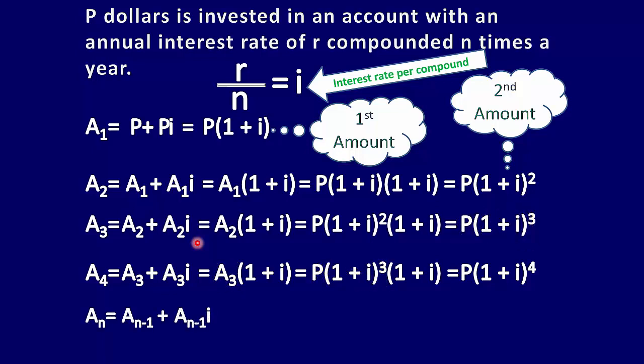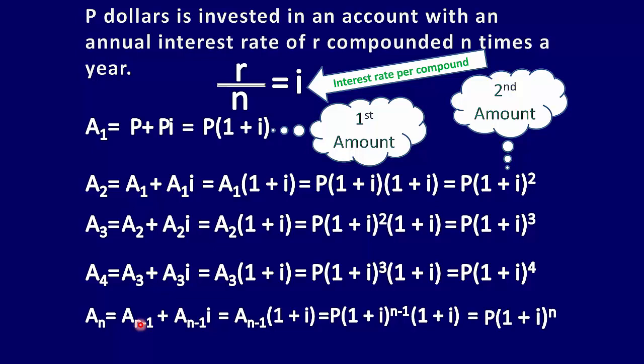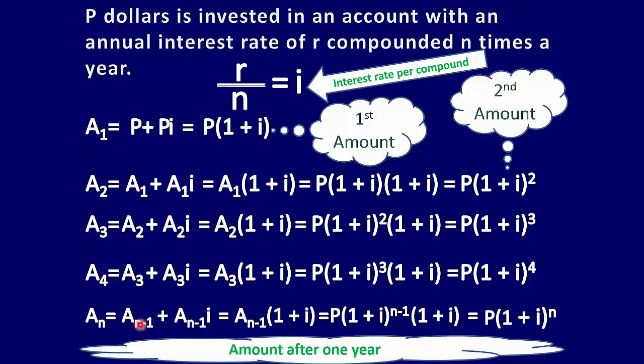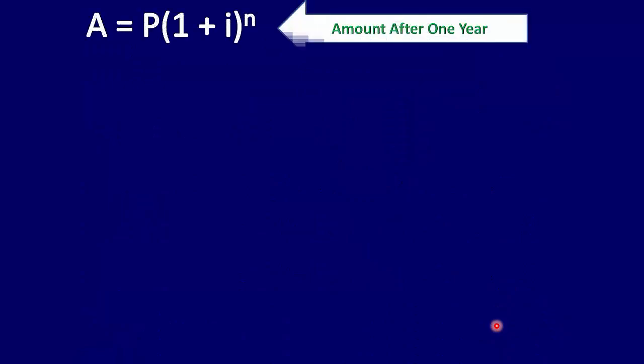We take the previous, the A sub n minus 1 amount, factor out the A sub n minus 1, and we get this. So this is the amount after 1 year. I'm not specifying here how many times we compounded in the year. I'm just being general. But you can see we get a formula here. This is the formula that we're going to use. So let's break it down a little bit. This is the amount after 1 year.